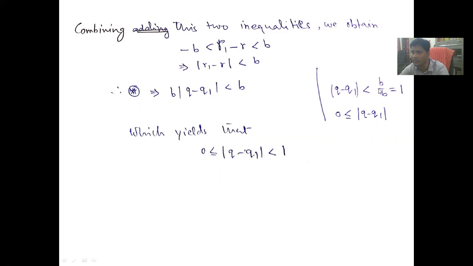This is strictly less than 1, and this is an absolute value, so it is greater than or equal to 0, non-negative. So 0 is less than or equal to mod Q minus Q1, less than 1. So this is an integer and less than 1, so this integer must be 0.